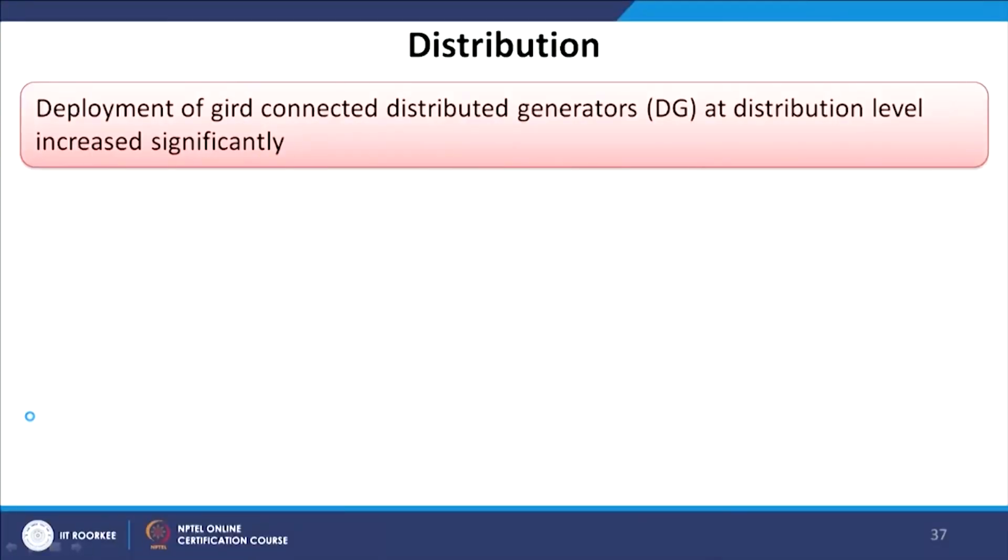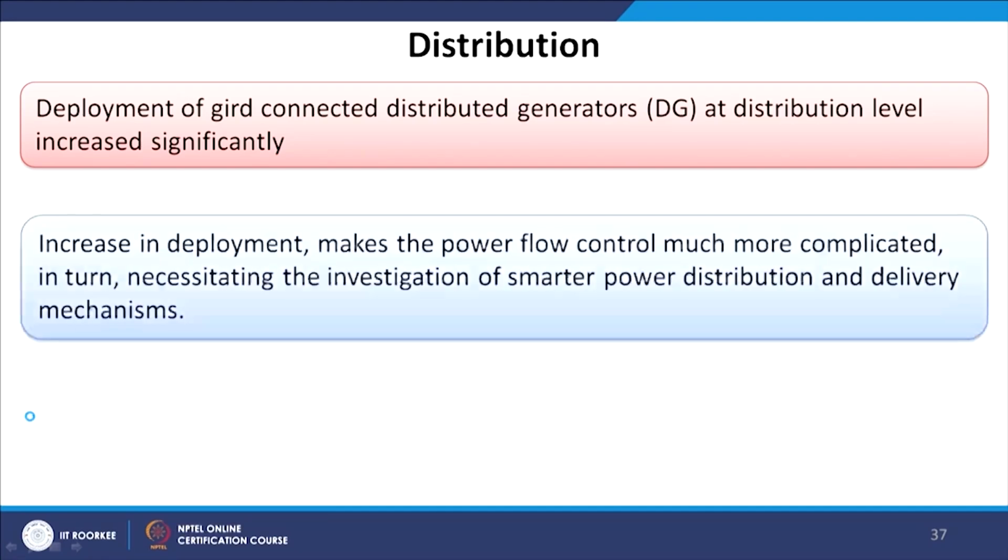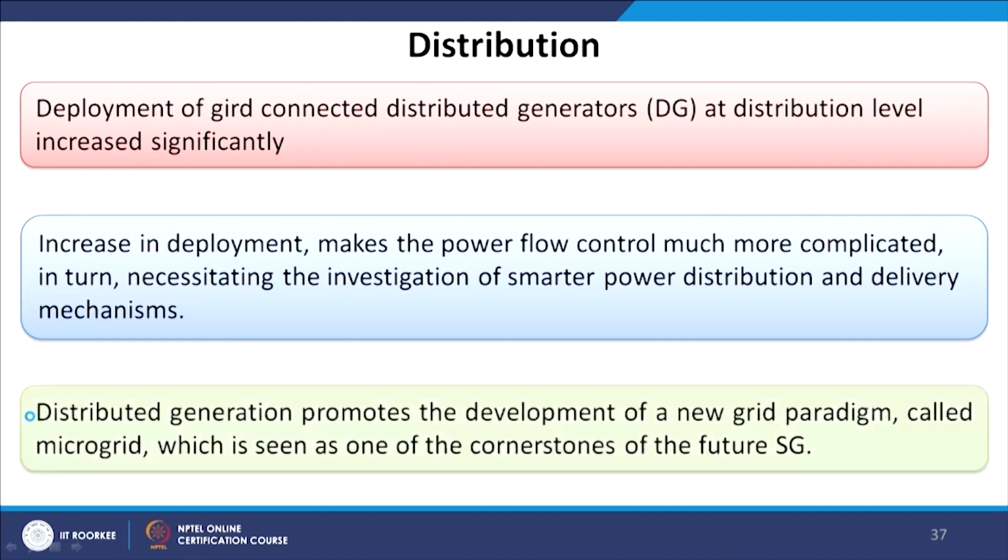Similarly, now let us understand what a distribution system is and how we can achieve a smart distribution system. Deployment of grid connected distributed generators at the distribution level has increased significantly. The increase in deployment makes power flow control much more complicated, in turn necessitating the investigation of smarter power distribution and delivery mechanisms.